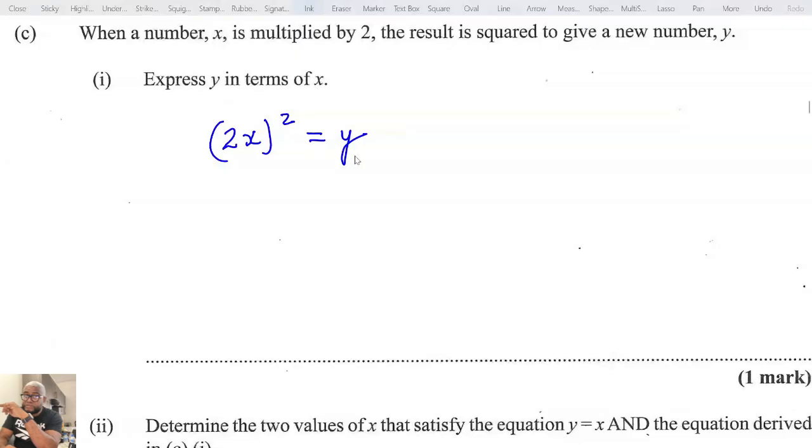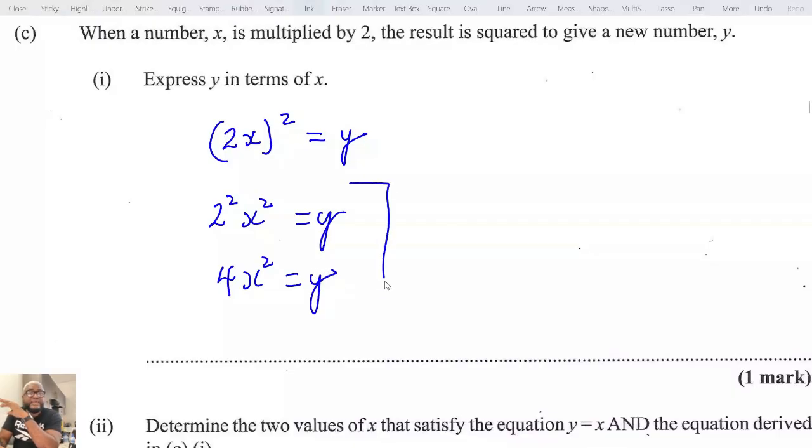Did I express y in terms of x? Meaning, do I have y is equal to something that involves x? We can square the two things inside here, because once you have a square outside the bracket, it's the same as 2 squared by x squared is equal to y. 2 squared will be 4. So it's actually 4x squared is equal to y. You didn't need to do this. This is sufficient. Again, your full marks here, your full 1 mark.